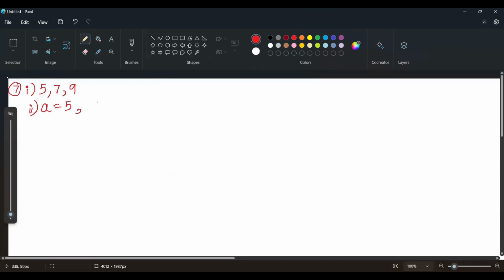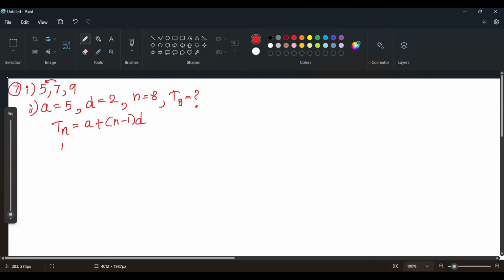The common difference is the second term minus the first term, 7 minus 5, which is 2. The first term is 5 and the common difference is 2. They are asking for the 8th term, so n equals 8 and they are asking for T8. So Tn equals a plus (n minus 1) times d.